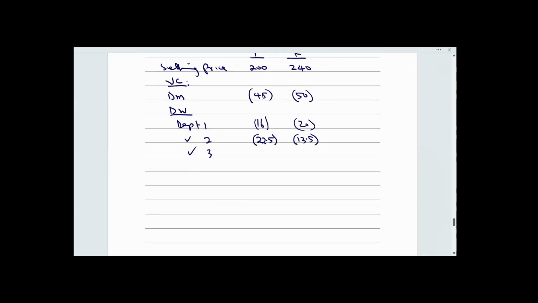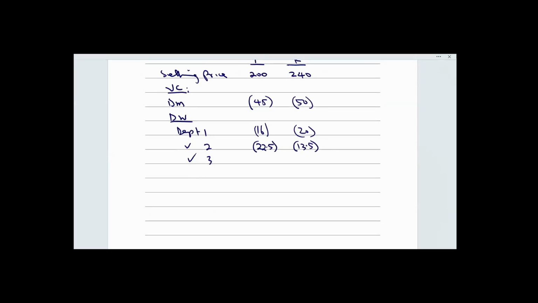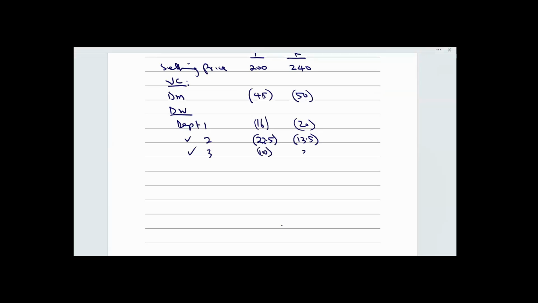Department 3, we have direct wages of 10, then 30. Then we also have variable overhead for Toro and Kobo of 6.5 and 11.5. So with this, I can then get my contribution per unit.